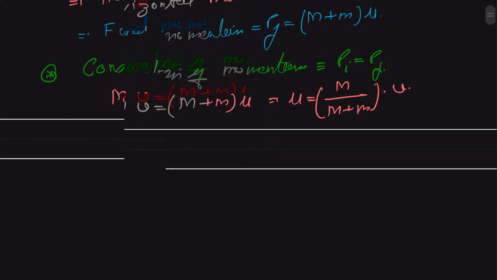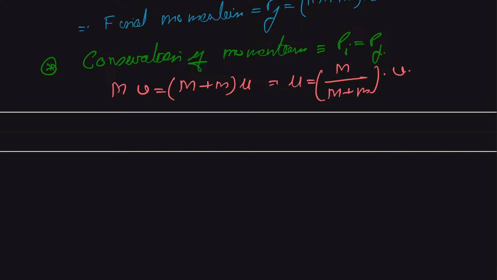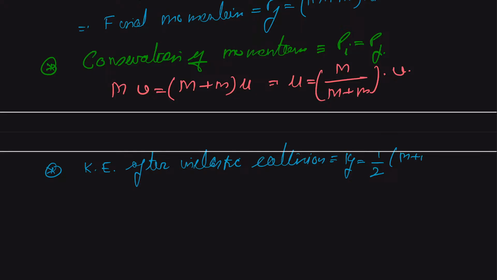And the collision is basically inelastic because the mass sticks to the plate. So you can say that the kinetic energy after the inelastic collision, let us call the final kinetic energy, will be equal to half the summation of their masses and u square, the speed with which they both will be traveling.